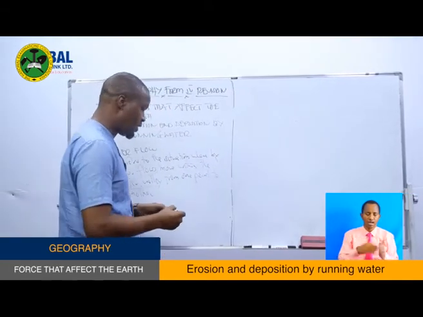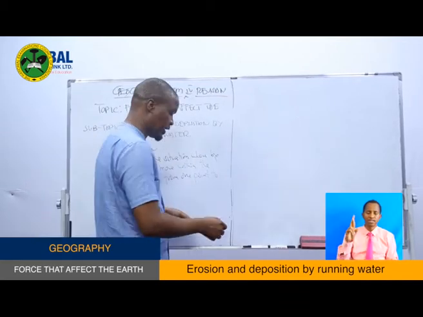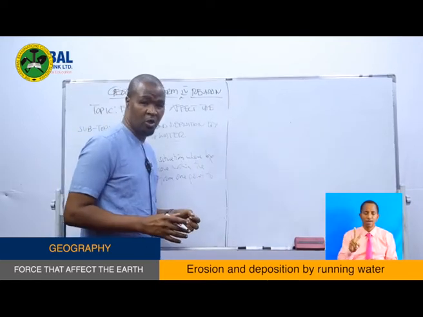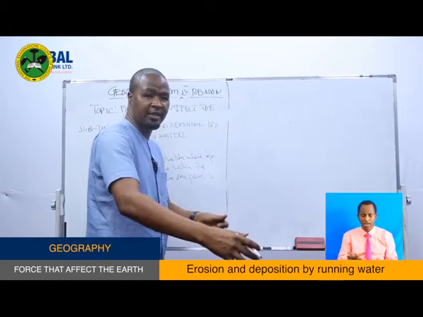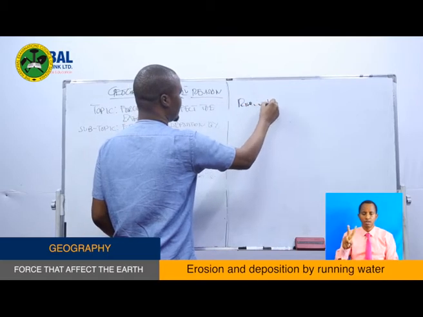Are you with me? So we have the terminology right here, the river valley. What is a river valley? It means a river valley refers to the empty space through which water passes or flows, on it or inside it.